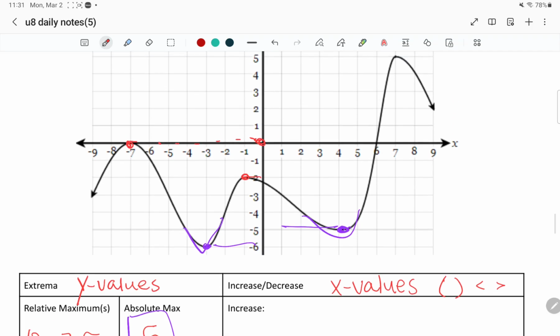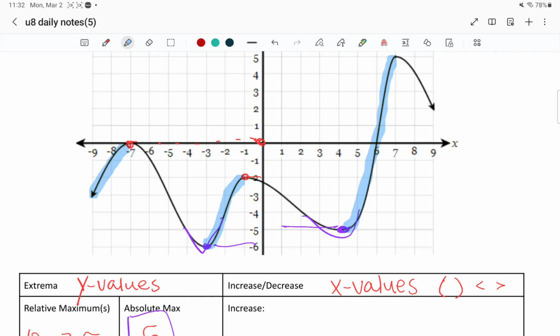Now, increasing, hopefully, is going to sound right. It's where the graph is increasing. So if we're talking about the stock market again, it's where you're making money. Okay, your money is increasing. The formal math definition is it's where the slope is increasing.